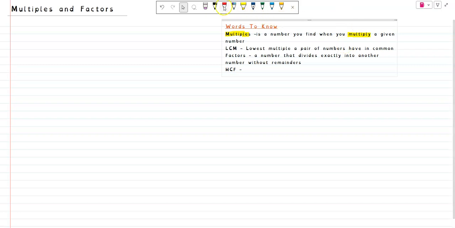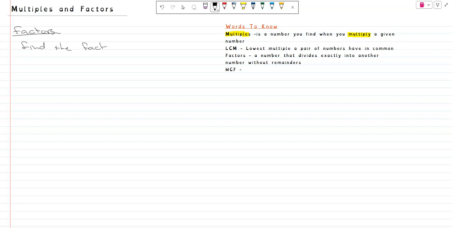Let's look at an example. Find the factors of 12. Find the factors of the following, so we can practice a little bit.